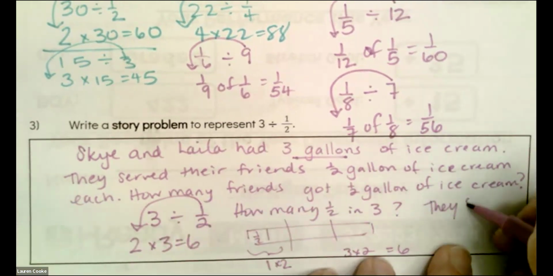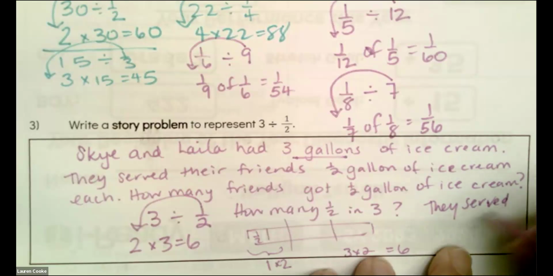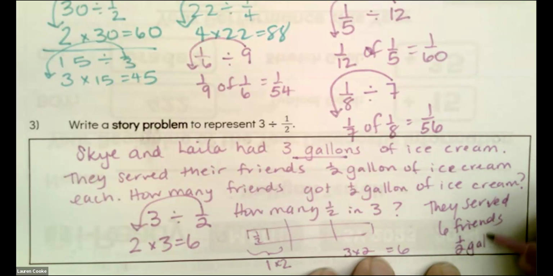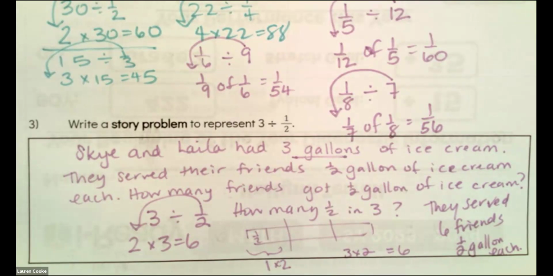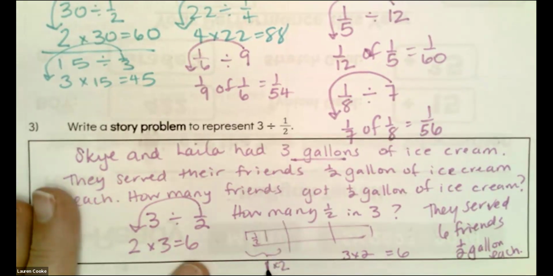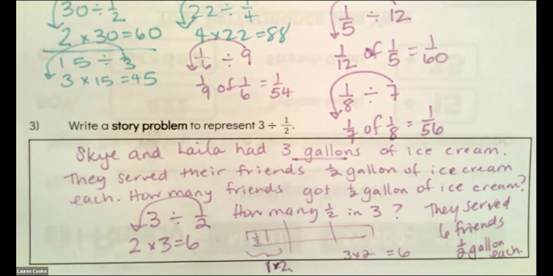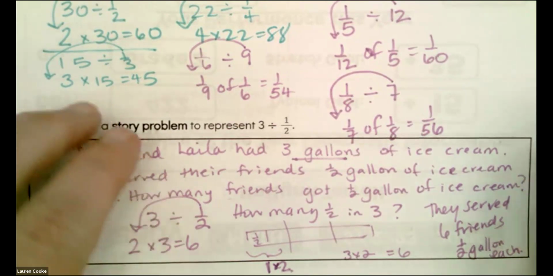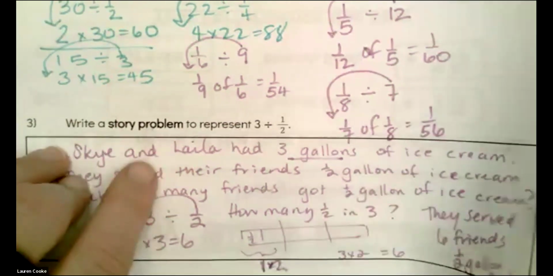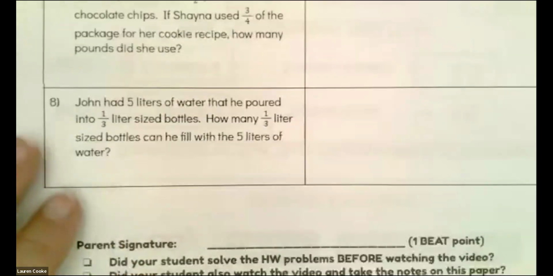Okay, they served 6 friends 1/2 gallon each. I tried to write that really neat. I know you gave me the feedback about that, so I'm trying really hard. Okay, that was awesome. Way to go, Sky and Layla. You girls are really great.